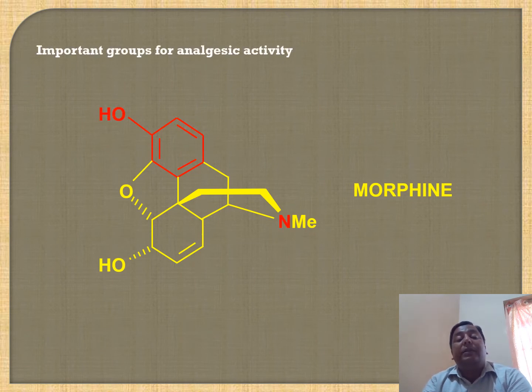Here you can see in red the OH, which is a highly acceptor atom, oxygen is highly acceptor, and one ring also, and in red you can see the nitrogen, a highly donor atom, right? These are the atoms, of course the functional groups, that are responsible for the analgesic activities.